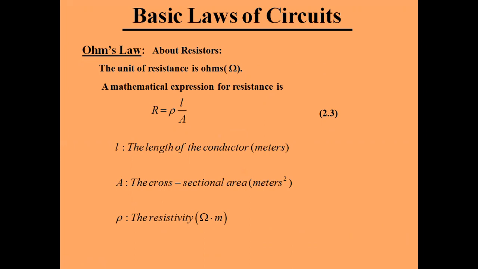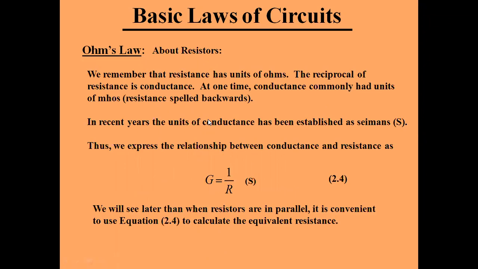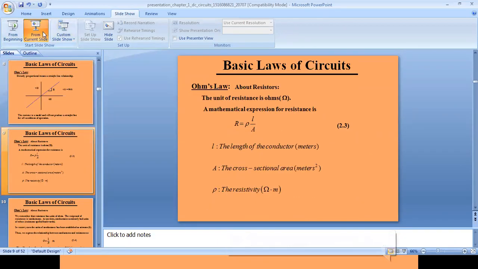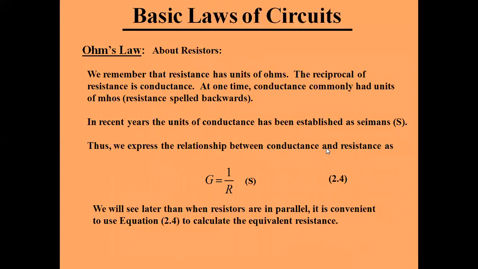A mathematical expression for the resistance is R is equal to rho L upon A. It means your resistance is directly proportional to the specific resistivity of the material used, directly proportional to the length of the conductor, and inversely proportional to the cross-sectional area A. So you remember that R is equal to rho L upon A.